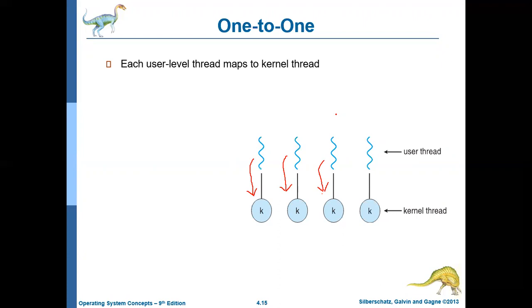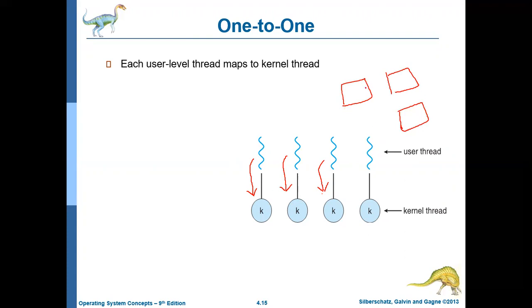It truly supports parallelism. That is, if your system has more than one processor or core, then this particular model can take advantage of this, and it can ensure that all the cores are getting effectively utilized.